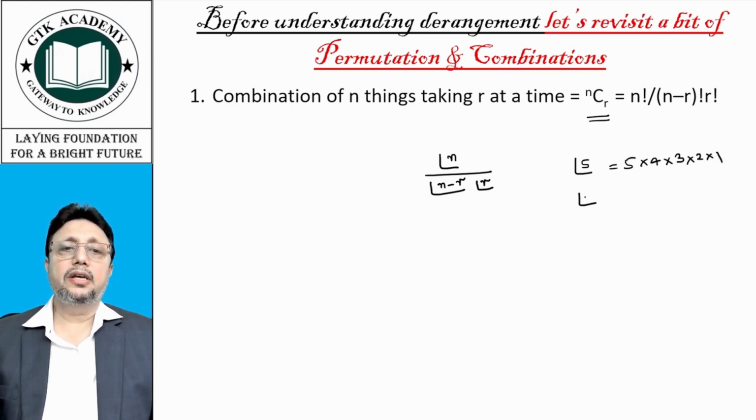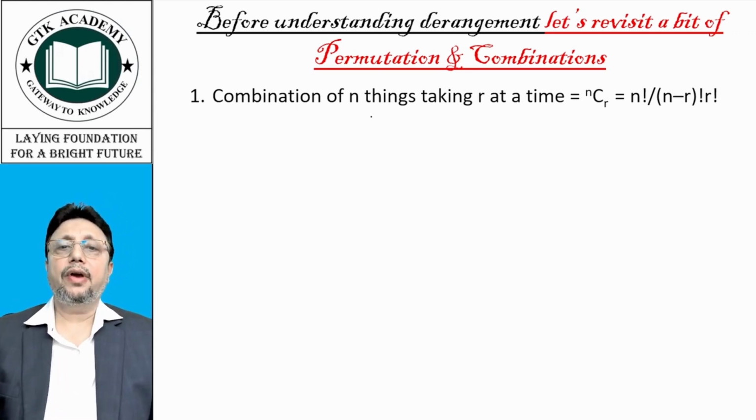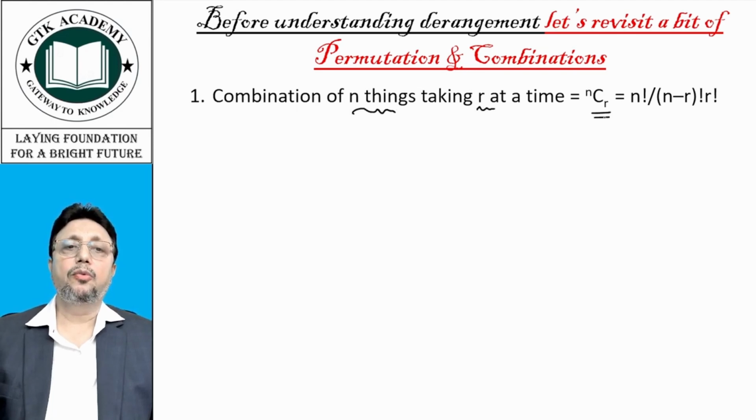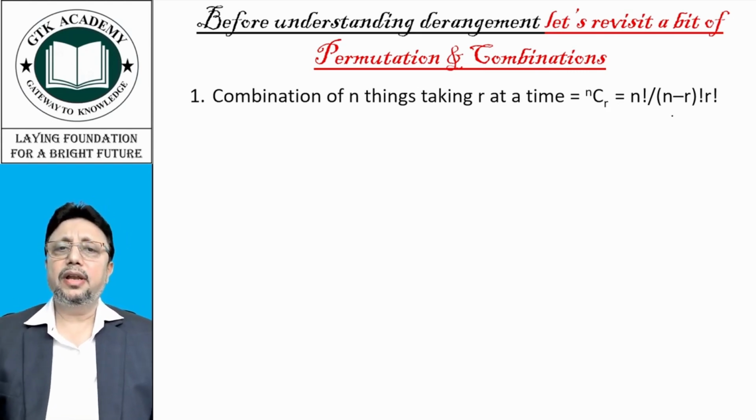And one more important thing is factorial 0 is defined as 1. So combination of n things taking r at a time is denoted by nCr, and this is the formula.